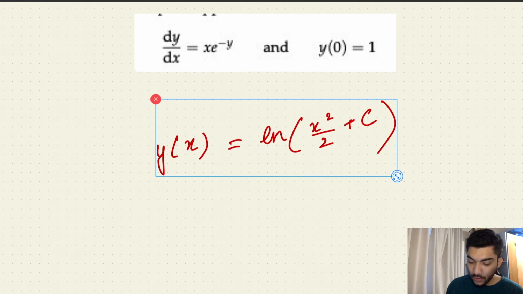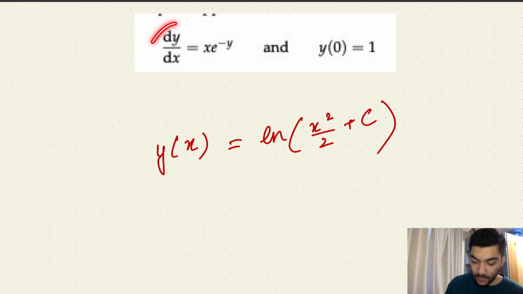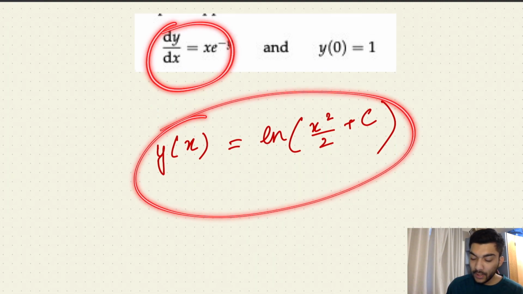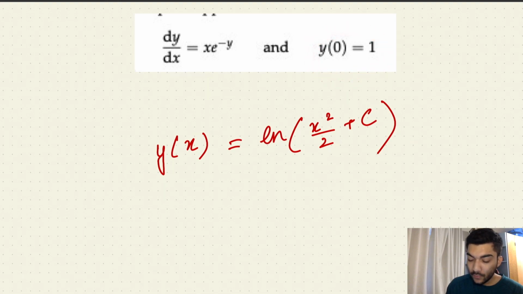So now you know that you got the solution to this differential equation as this expression, and what this initial condition means is, when your x is equal to 0, because you have y of x, your y is equal to 1. So your function value is equal to 1 when your x variable is 0.